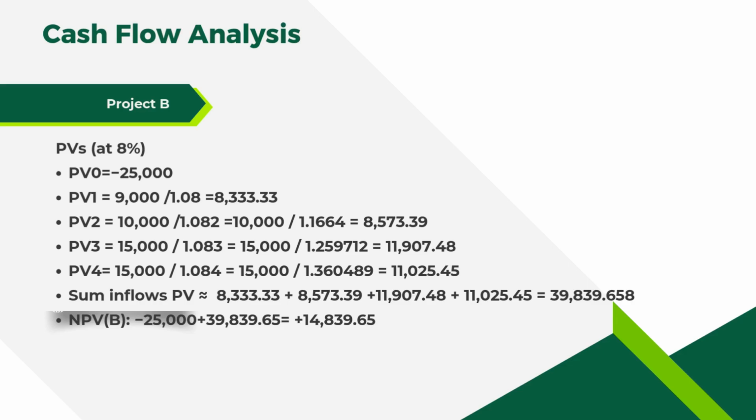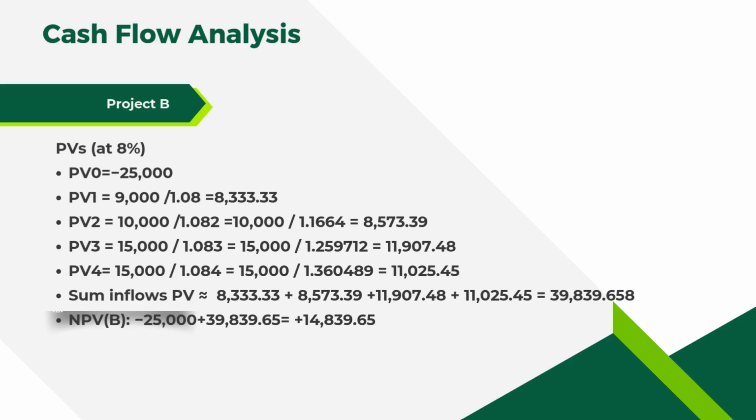PV3 equals 15,000 divided by 1.08 cubed, which is 15,000 divided by 1.259712, equals 11,907.48. PV4 equals 15,000 divided by 1.08 to the fourth, which is 15,000 divided by 1.360489, equals 11,025.45.